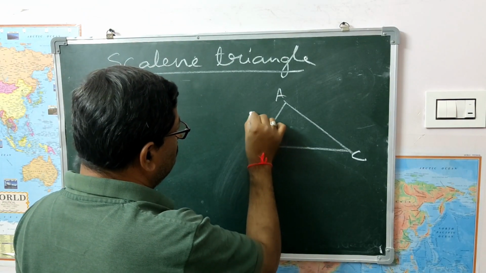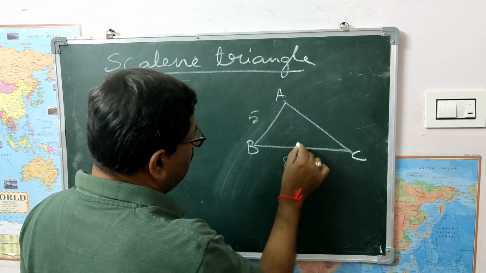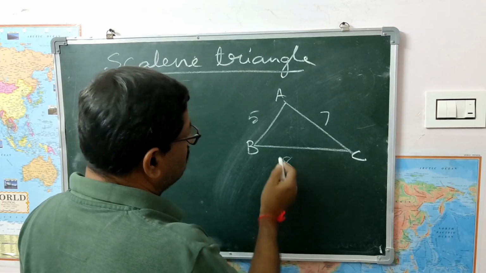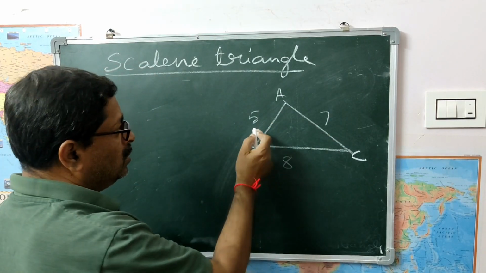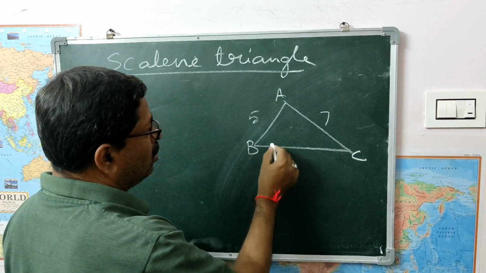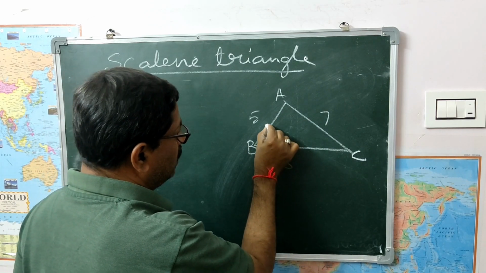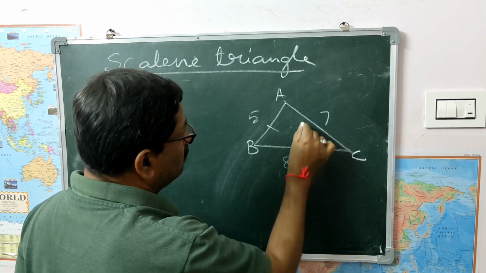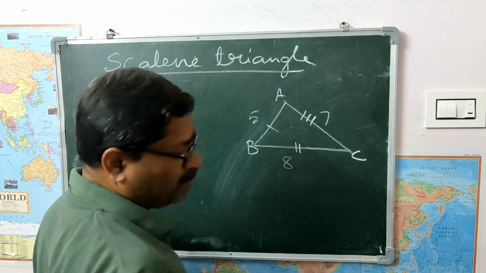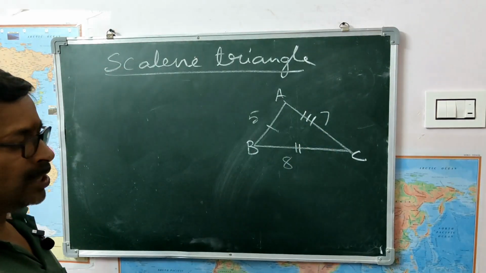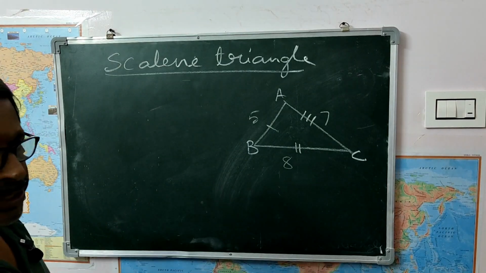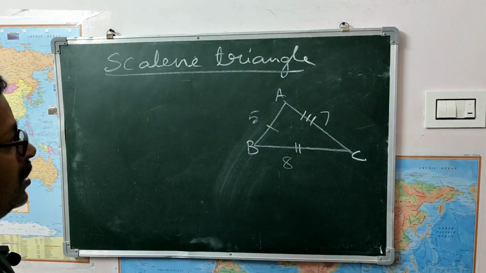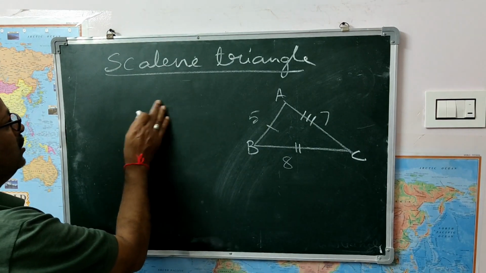For example, if this is 5, this is 8, this is 7. Three different sides. This is marked unlike, because like marking means all are equal. In this case, we understand that this is a scalene triangle.